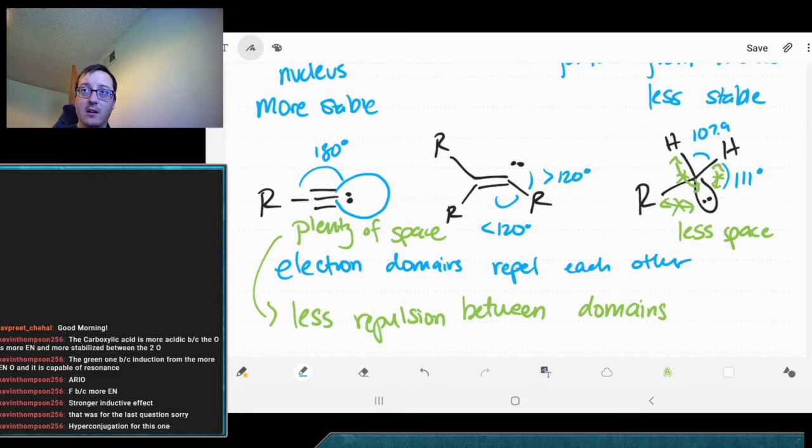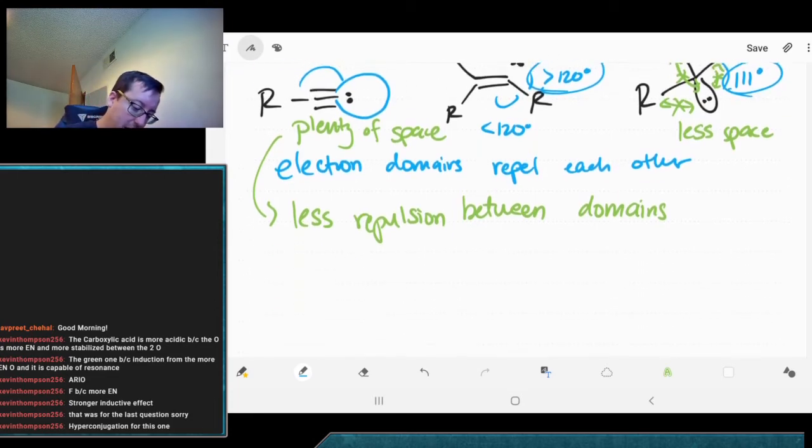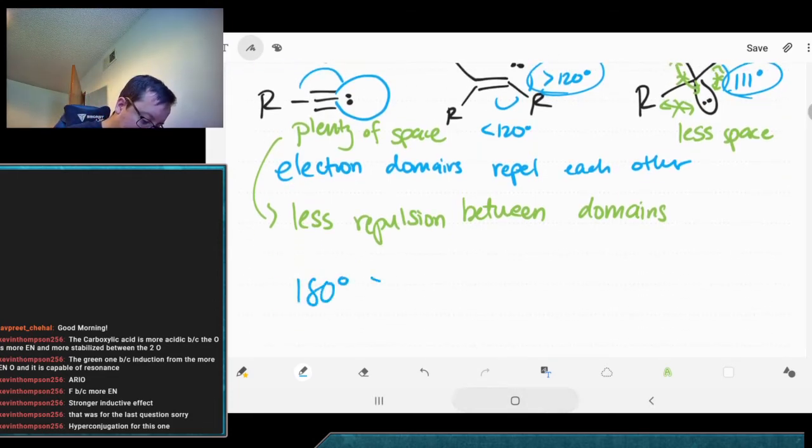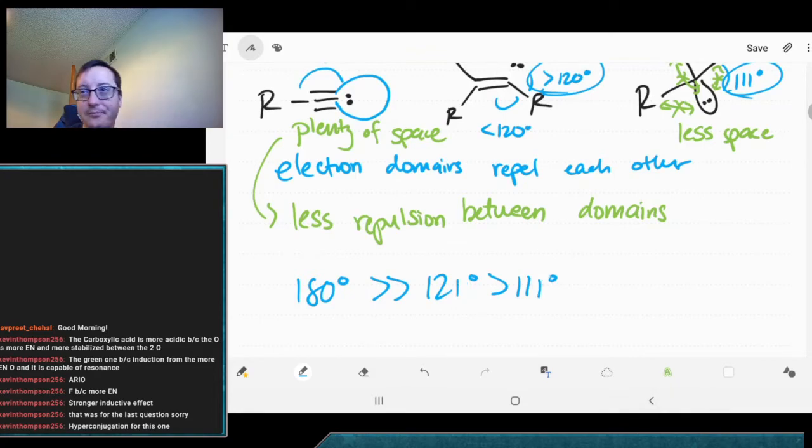We see here, let's say it's 111 and 121 or something. Those two are fairly close to each other, right? Those bond angles compared with the 180. We see that 180 is a lot bigger than 120, which is bigger than 110 or 111 or whatever. Here, we'll even say 121. I don't quite know the exact angle, but we see this is the case.